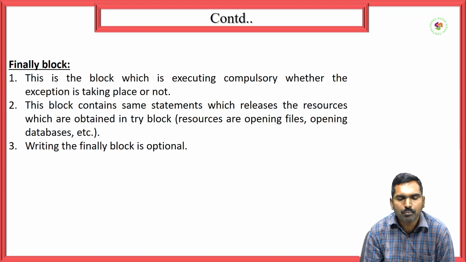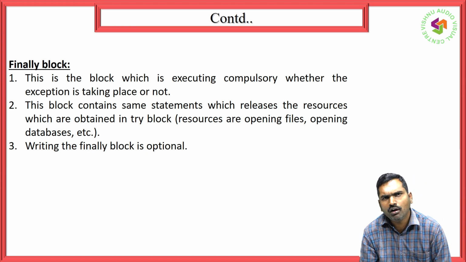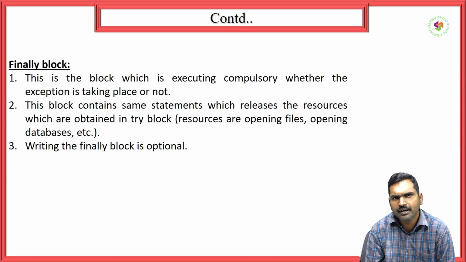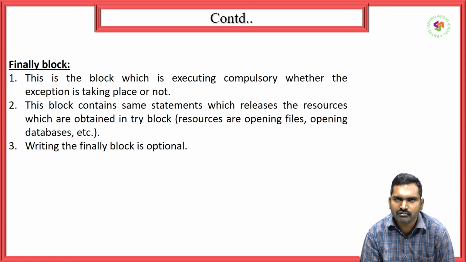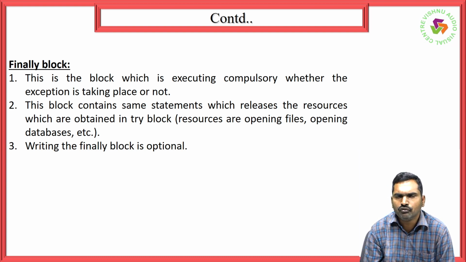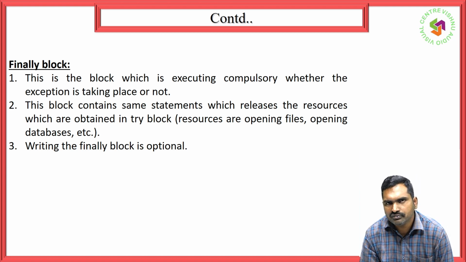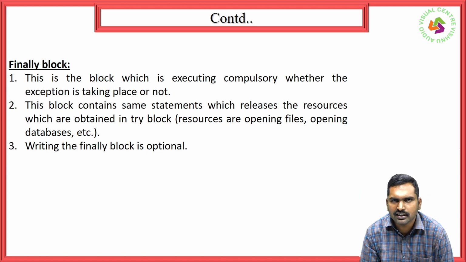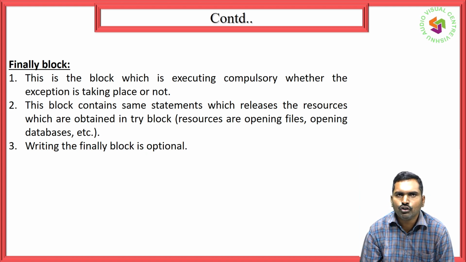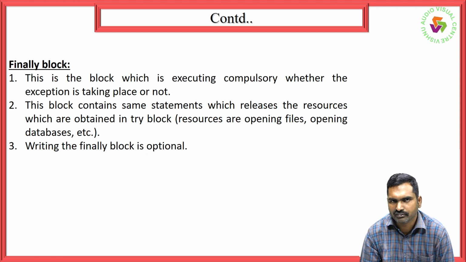Next, the finally block. In the try block, in some applications, we may open or access some resources. For example, a Java database connection, a JDBC connection, we need to create. After usage of that connection, we must release it, then only our data can be safe.